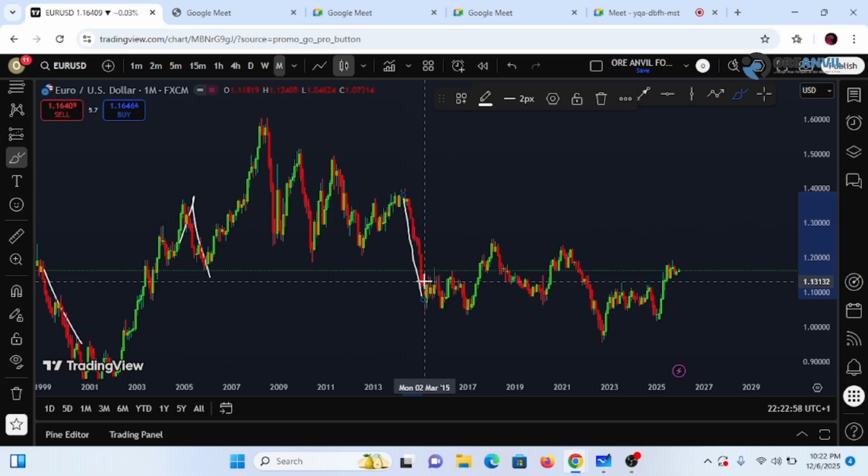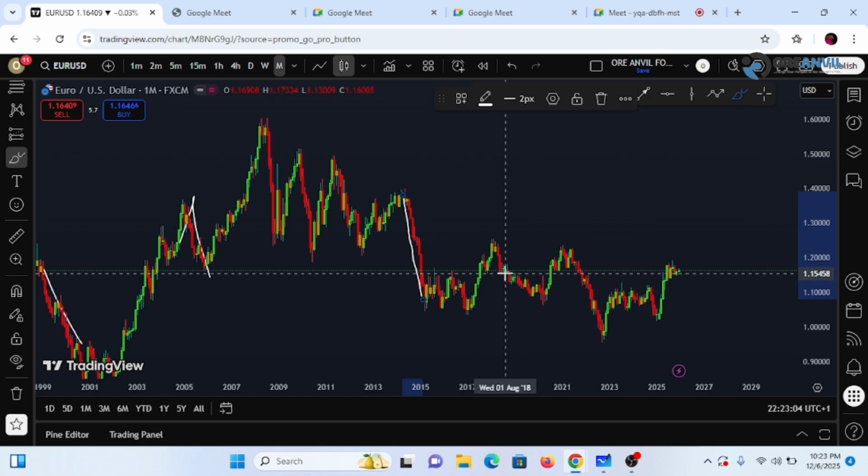So you mark only that which you can see on that time frame. If you need more information, you go to the lower time frame, or you go to the other time frame, which is clearer.